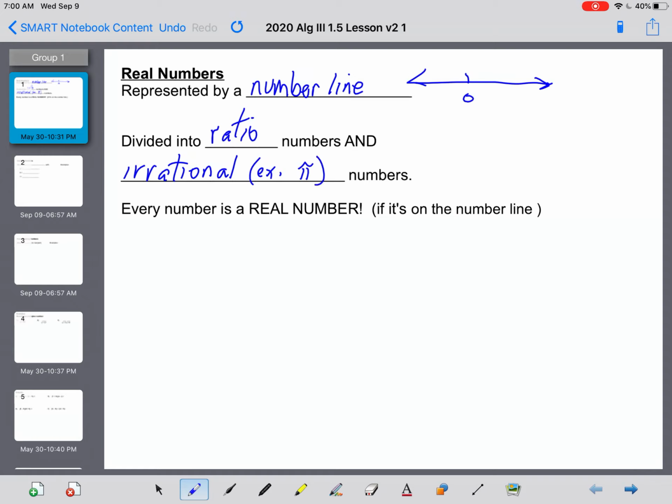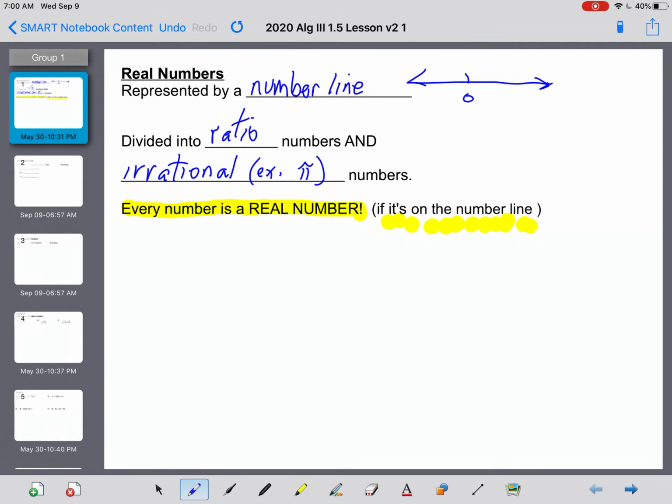It has a decimal that does not repeat and does not end. Now a key statement here is that every number is a real number if it's on the number line. So pi could be on our number line. It's a real number, but it's an irrational real.